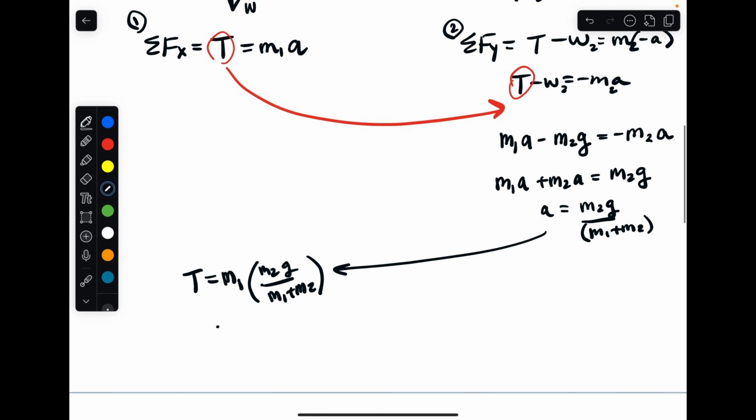And so the tension in the string is equal to M1 M2 G over M1 plus M2. So in general, the acceleration is going to be less than G, because this is going to be some number less than 1.